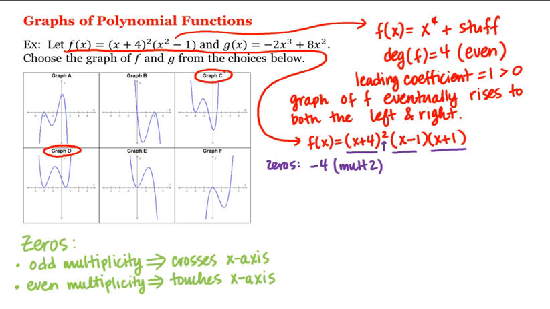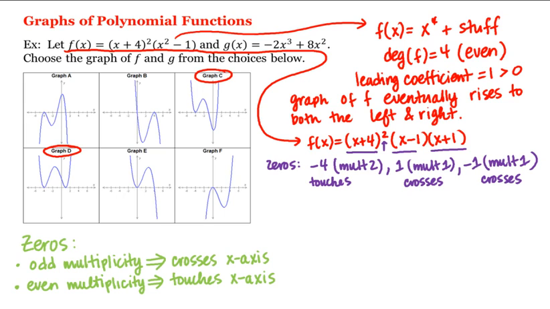If you look up here, the power is 2. 1 with multiplicity 1, and negative 1 with multiplicity 1, which means the graph of f touches the x-axis at negative 4, and it crosses at 1, and it crosses at negative 1.